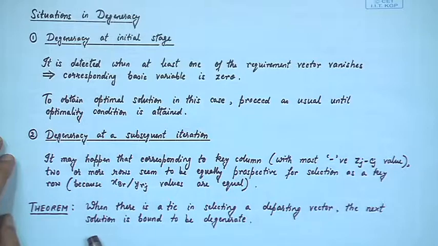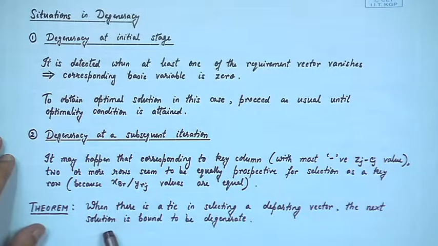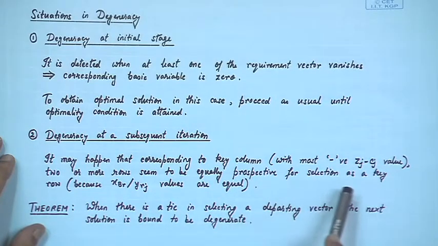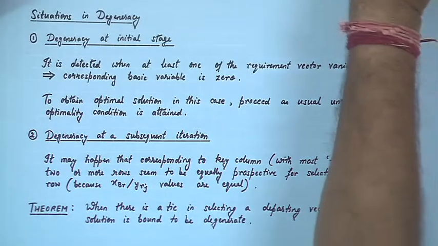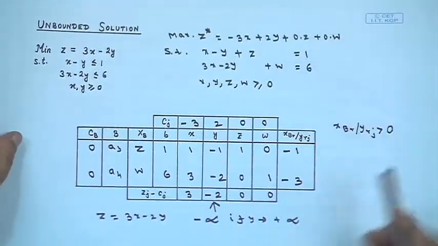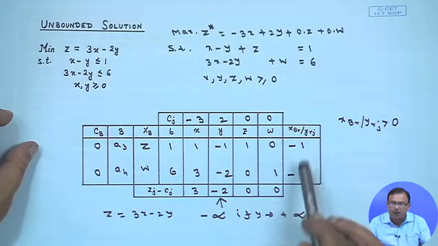It may happen that corresponding to the key column, that is where the value of Zj minus Cj is most negative, two or more rows seem to be equally prospective for selection as the key row. That is, if you remember in the earlier examples, whenever I take a table, you are calculating the ratios.